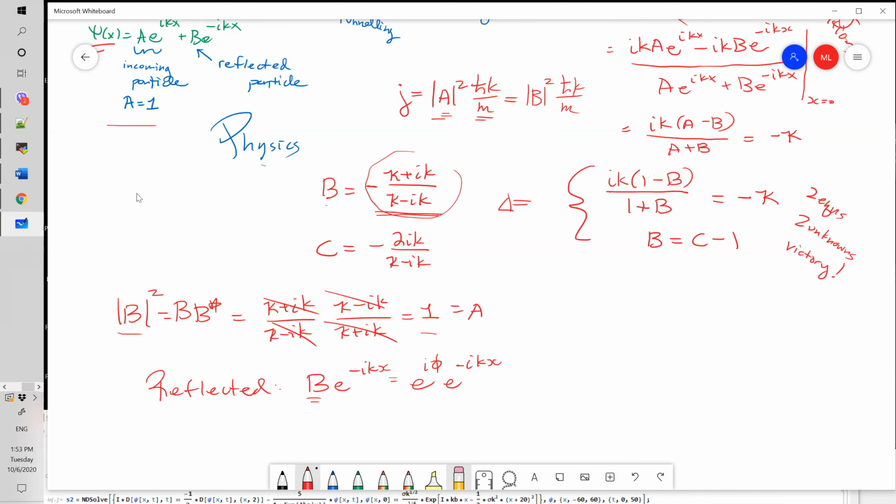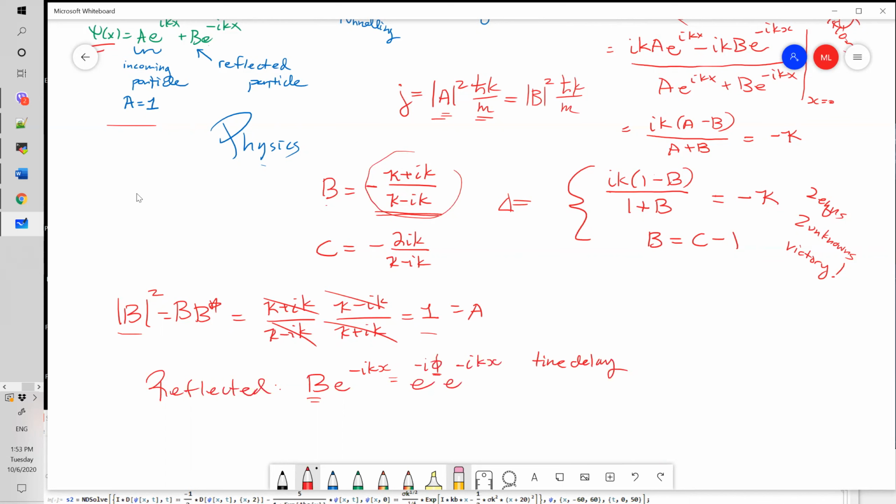And if you remember when we looked at wave packets, we saw that any phase shift like that corresponds to a time delay in the wave packet.